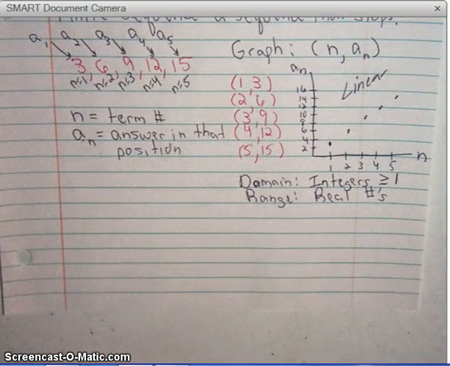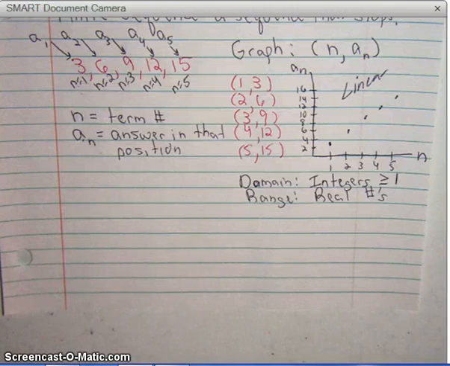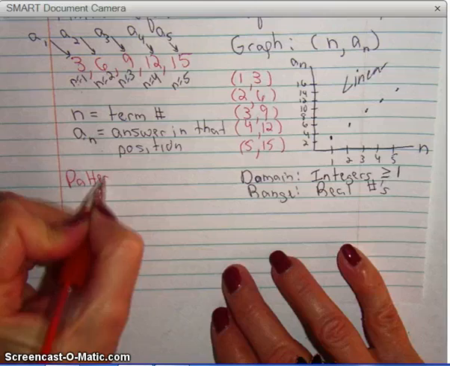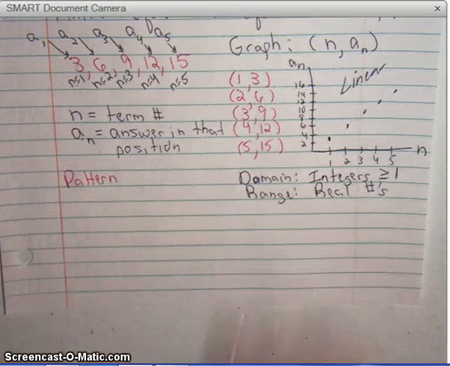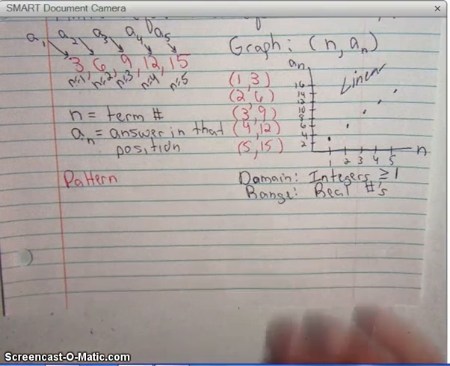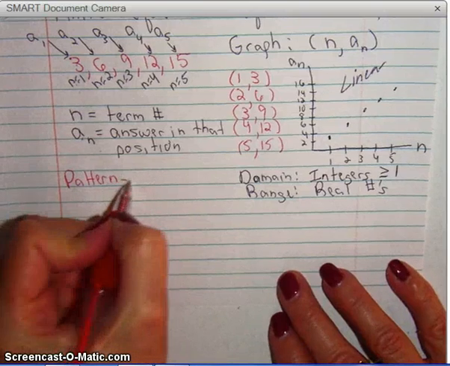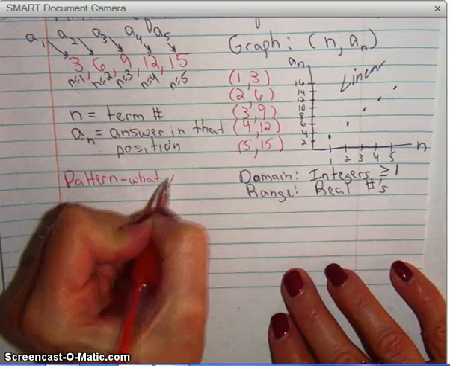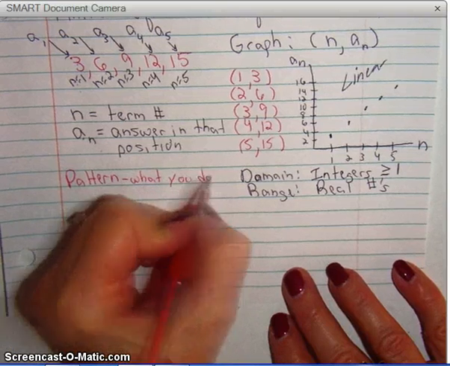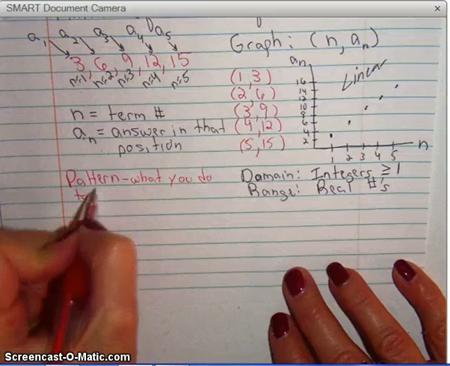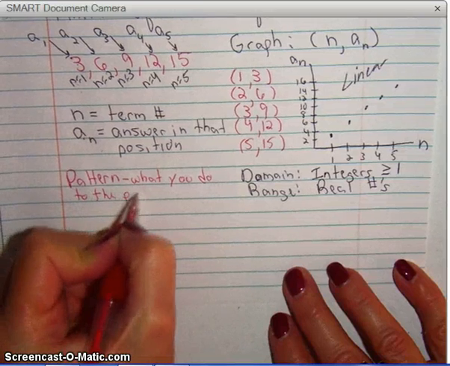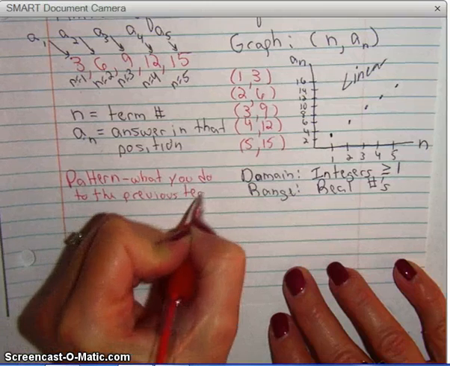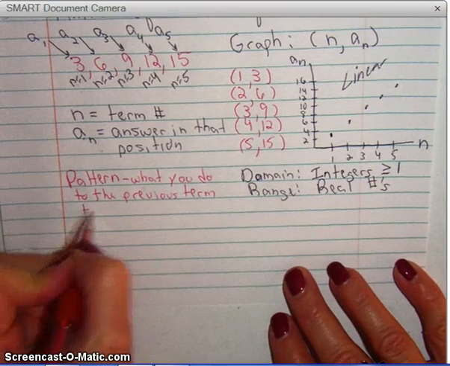Okay, now, 2 things you can talk about in a sequence. You can talk about a pattern, and you can talk about a rule. Pattern represents what you do to the previous term to get the next term.